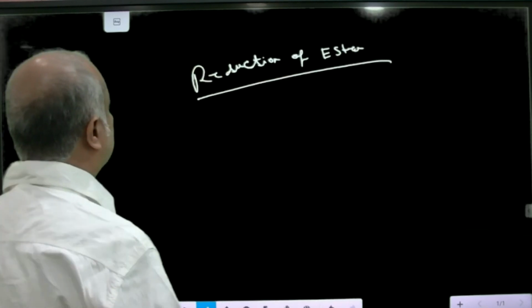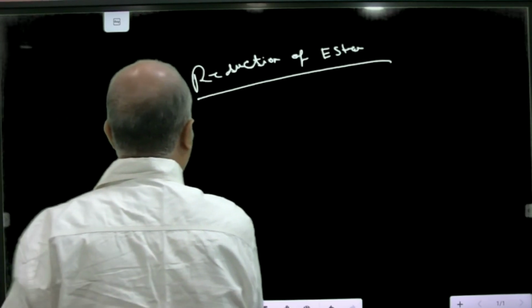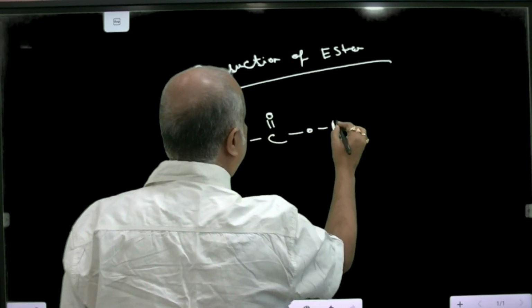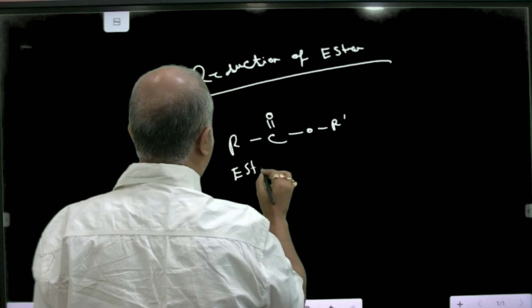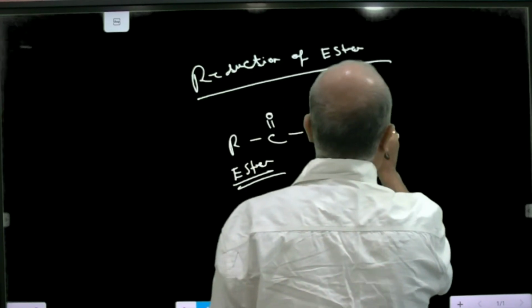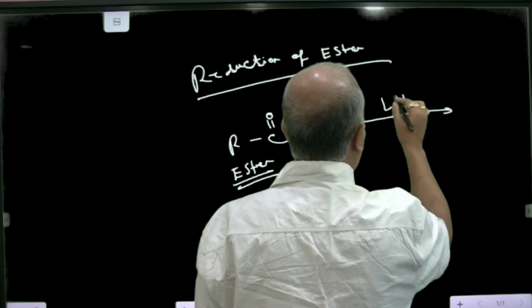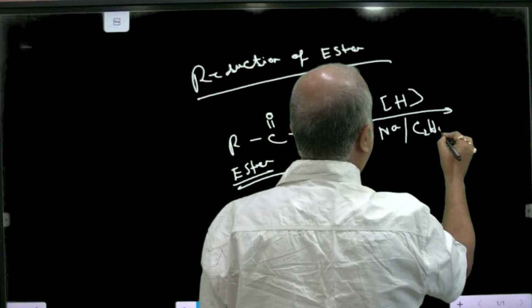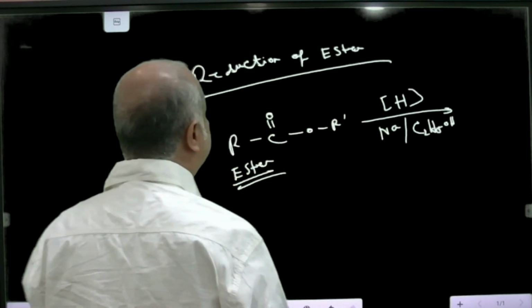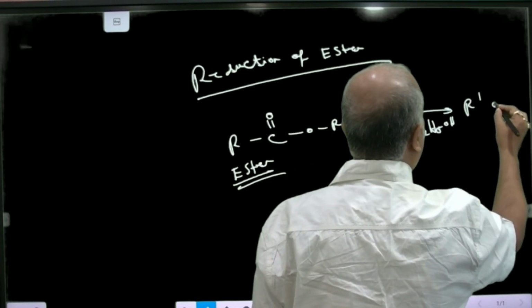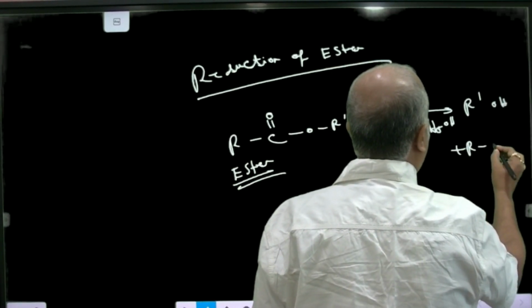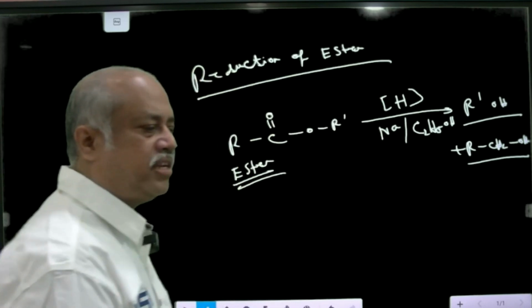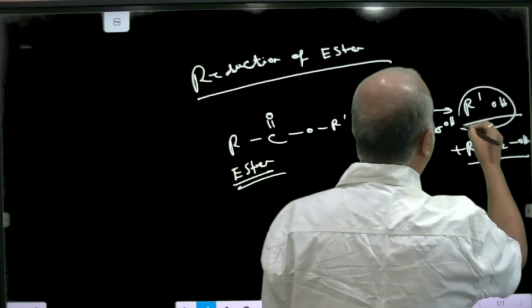Reduction with a sodium-based reagent, sodium with ethanol, will give R'OH plus RCH2OH. That is a mixture of primary alcohols.